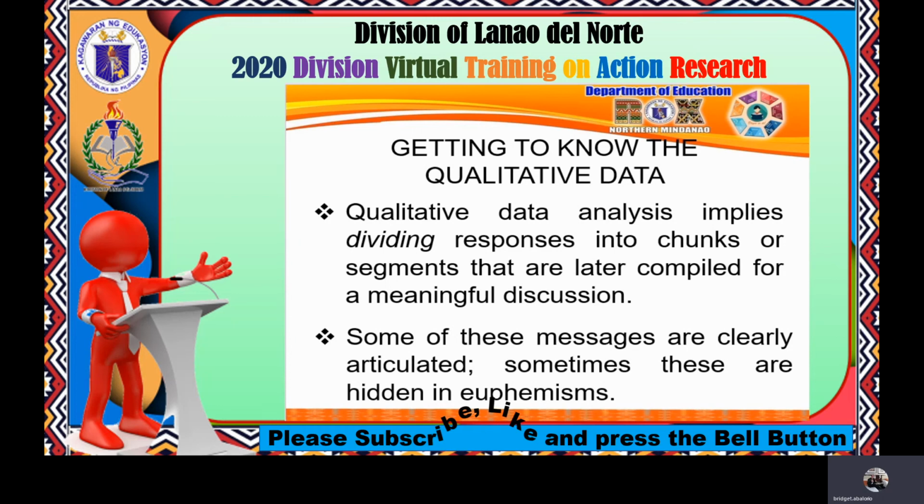Sometimes they are hidden in euphemisms. So when you see euphemisms, maybe in the first glance, in the first reading that we have, we could not see the meaning, or we could not see the category, the meaning or the message of the response of the respondents on that particular sample research interview.